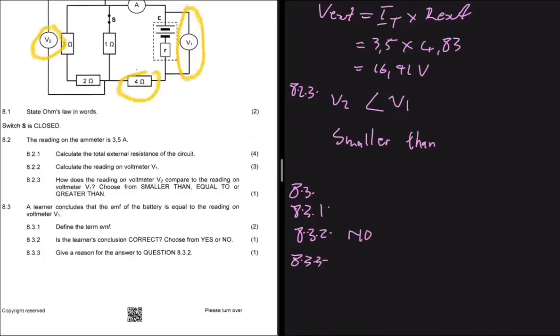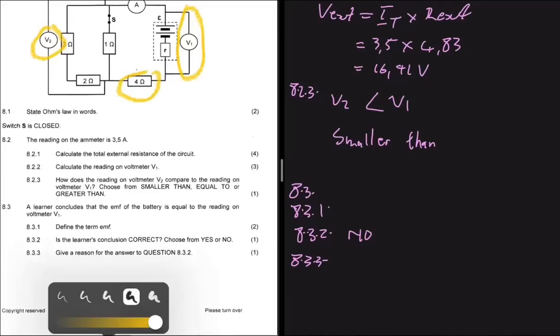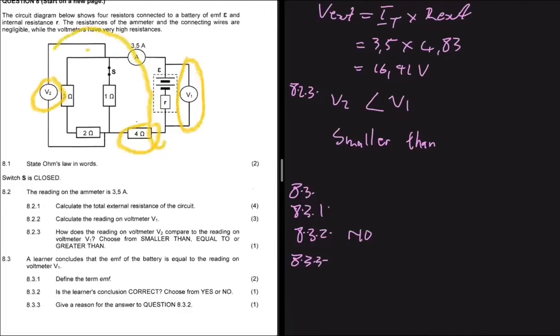So define the term EMF, right? EMF is the reading on a voltmeter across the terminals of the battery when there's no current flowing to the external circuit, right? Back to what I was saying, if there was no current flowing to these external resistors that we have here, then V1 would be reading EMF, right?